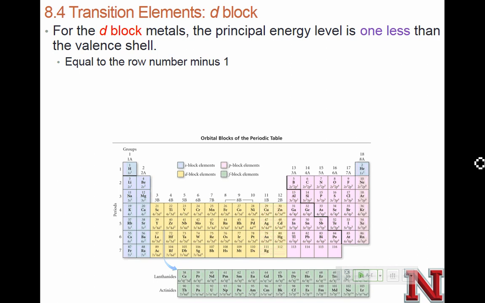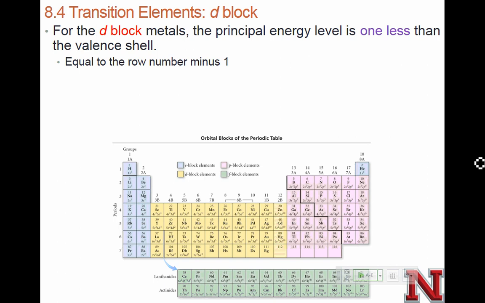Now for the d block, like I said, the principal energy level isn't quite the same. And it's really representing that penetration that we showed. So when we looked at drawing the little diagram where I did the 1s, 2s, 2p, and you put it all in order, and you went through, this just represents that. So for the d block metals, the principal energy level is 1 less than the valence shell.